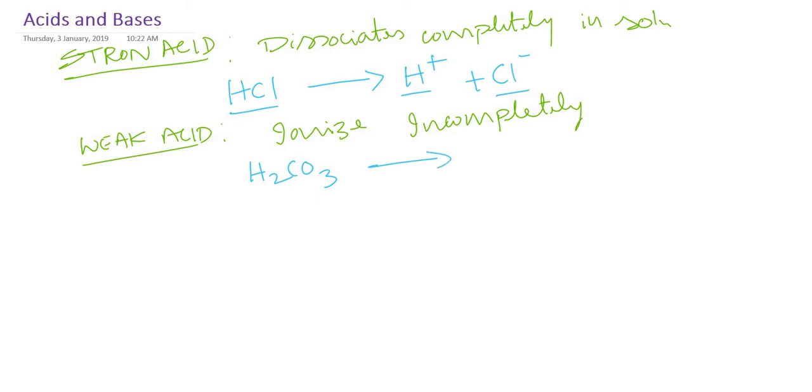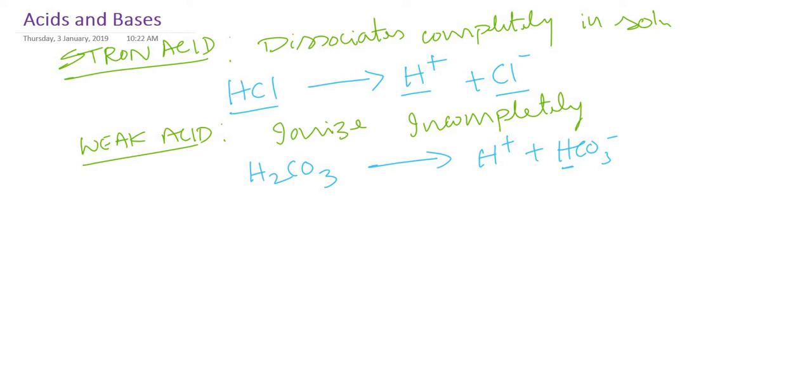In aqueous medium it will be converted to hydrogen ion and bicarbonate, so proton is still present here. That means these acids dissociate very slowly, incompletely or partially. This is a strong acid and a weak acid.